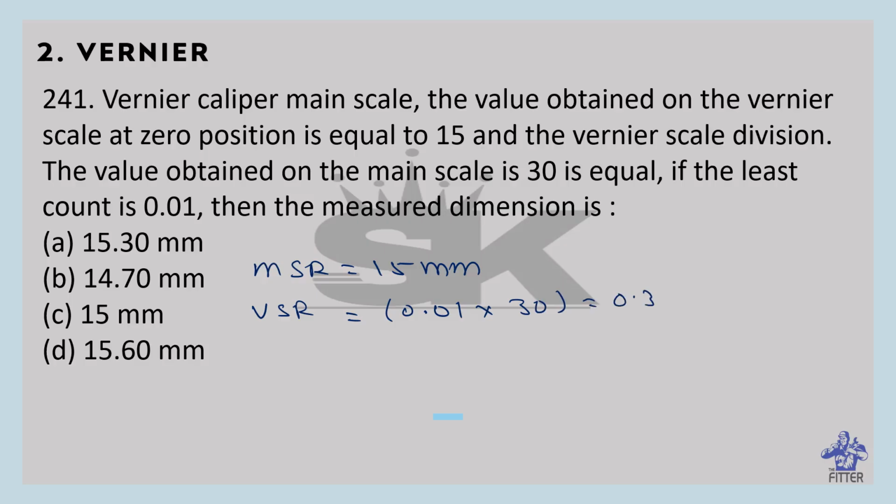So the reading would be main scale reading 15 mm plus vernier scale reading 0.3, which is 15.3 mm. Okay. So option A. Okay.